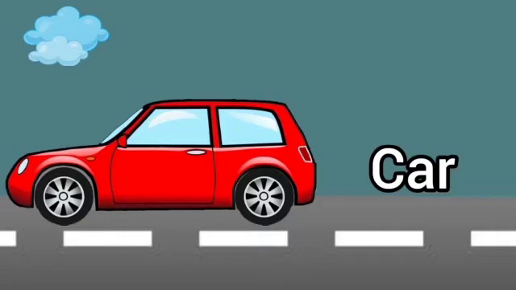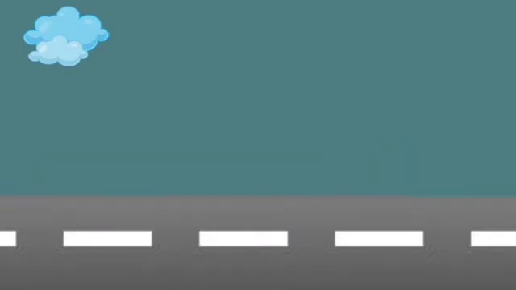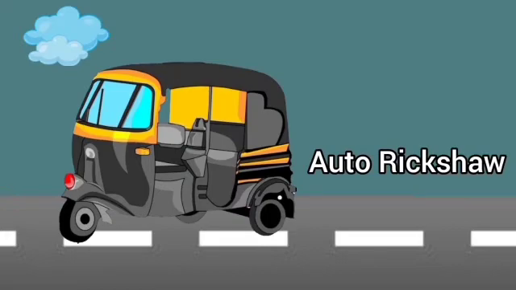It is of different colors and used for carpool and transportation. Taxi. It is used for lift and hire. This is an auto rickshaw. It is used in city and town for short distances.